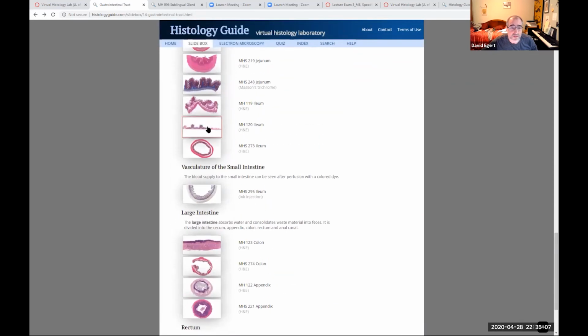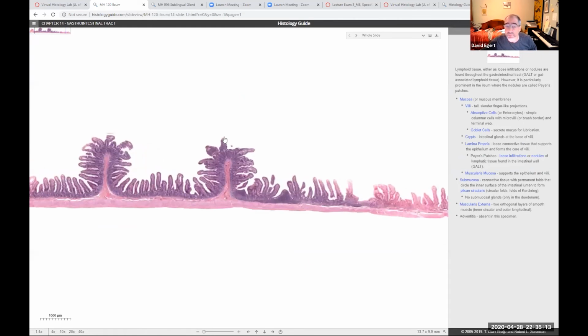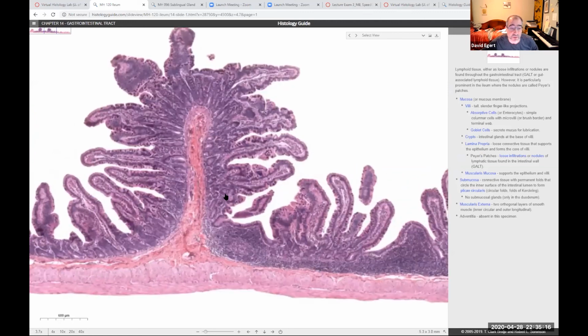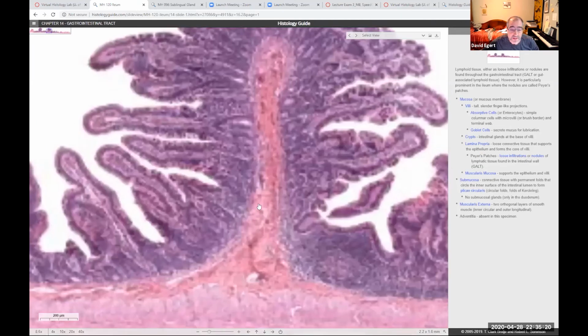Let's look at the ileum. The ileum is something you saw when we were looking at the Peyer's patches. There's no Peyer's patches on this particular section, but you can see the same thing.